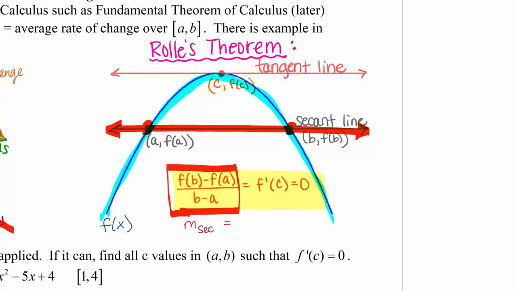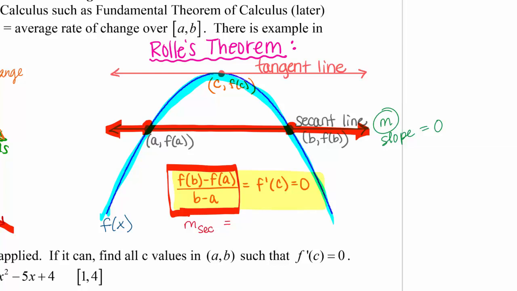But now, because my f of A is equal to f of B, I can see specifically that the slope of that secant line is 0. f of A is going to be the same value as f of B, so that slope has a specific number now. That slope is 0. And the same premise occurs.